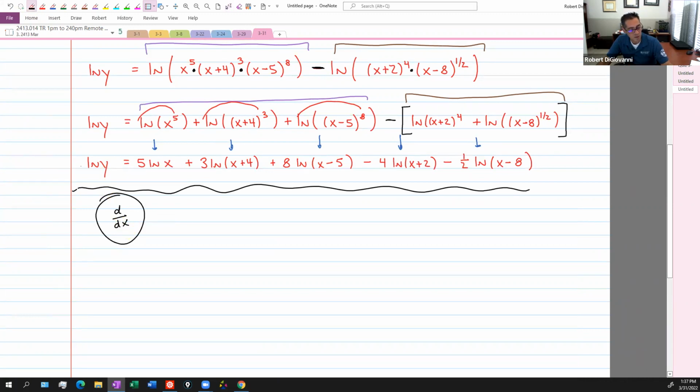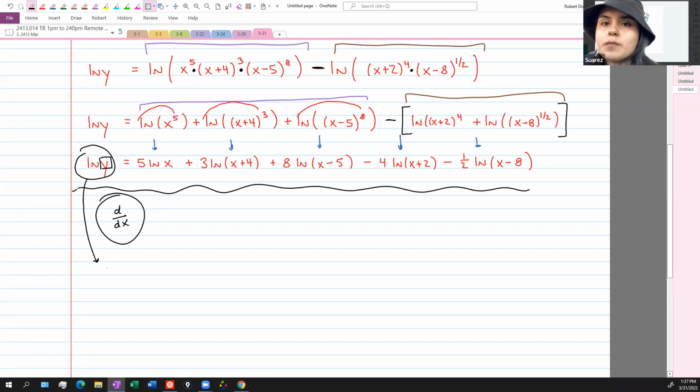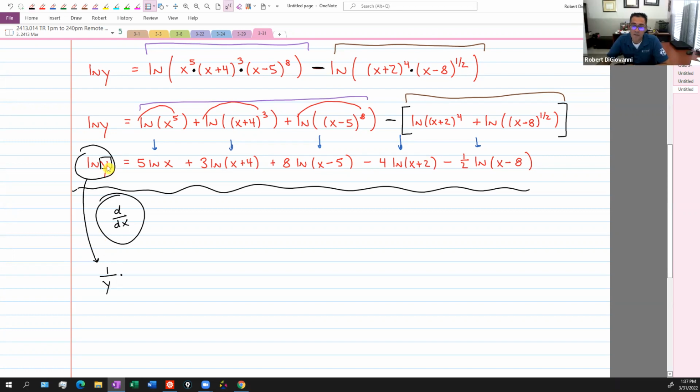When you take the derivative with respect to x on the left side, this is the most critical one. You have to apply the chain rule. What is the derivative of natural log of y? Y is the box. So the derivative of natural log of y would be 1 over y times the derivative of y with respect to x, dy dx.